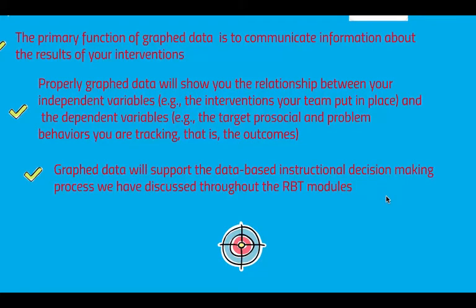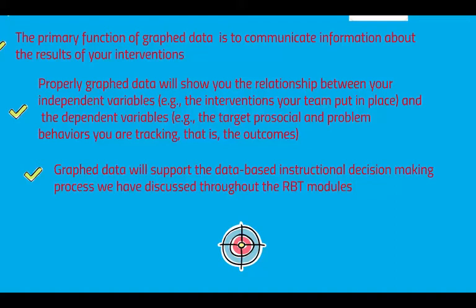And then properly graphed data will show the relationship between what's referred to as our independent variables, and those are the things that we do, that we're in control over, the interventions that you and your team put in place. So those are the independent variables. And we're looking for the relationship between the independent variables and the dependent variables. What are dependent variables? They're outcomes. So the target could be pro-social behavior, social behavior, problem behaviors that you're trying to reduce.